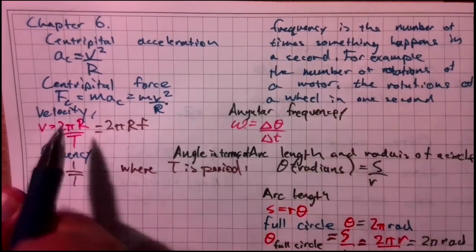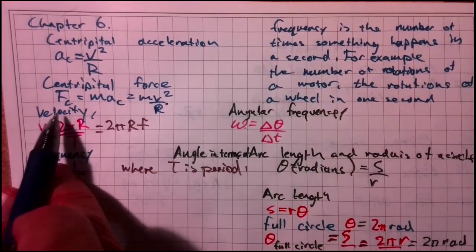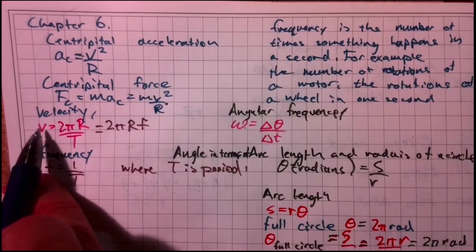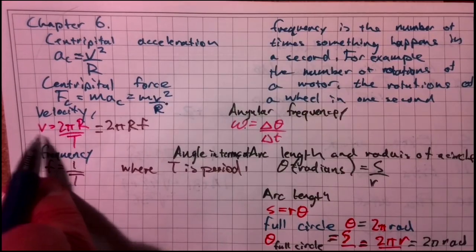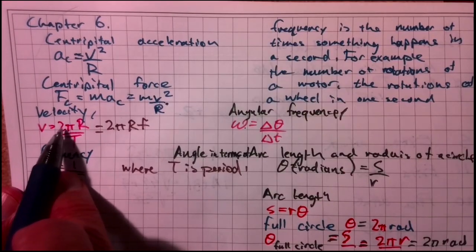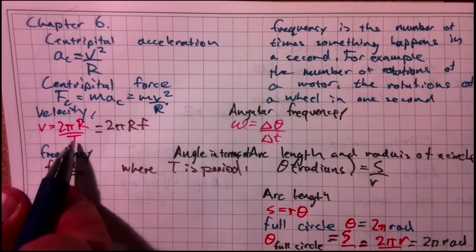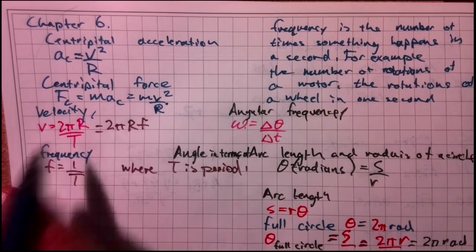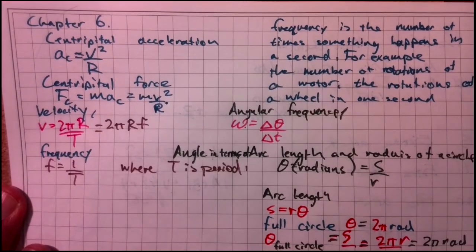Okay. We also saw that we can find the velocity by taking basically the circumference of a circle, 2 pi r, and dividing it by T, the time it takes to go around a circle.